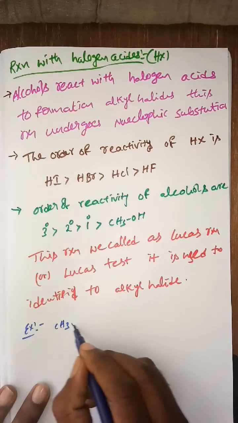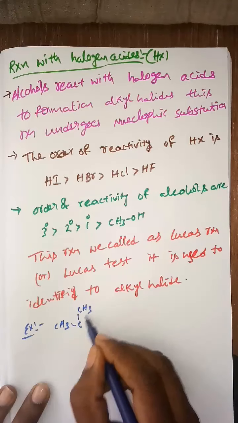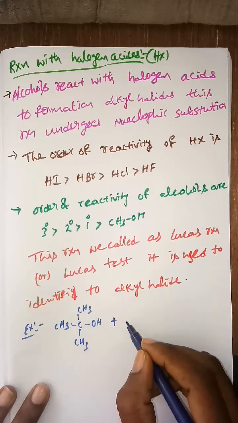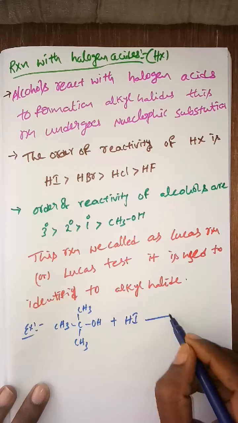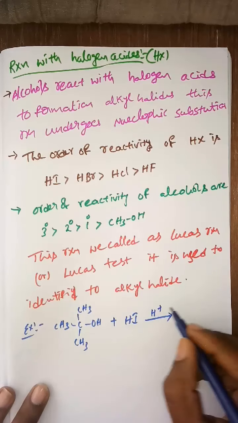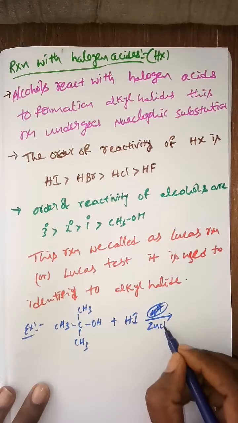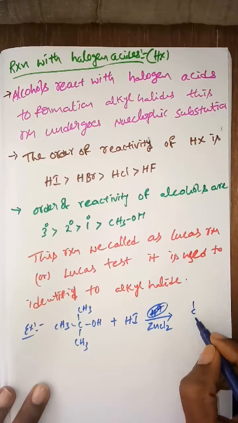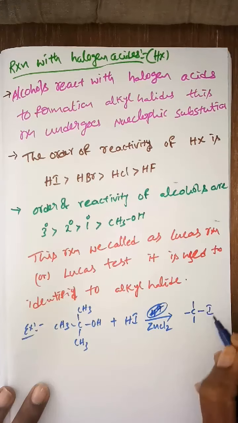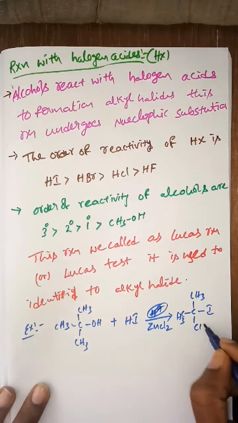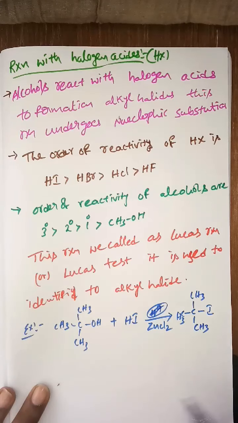Example: (CH3)3C-OH reacts with HI in acidic condition, that is nothing but ZnCl2, to form the iodide. So what are the names?